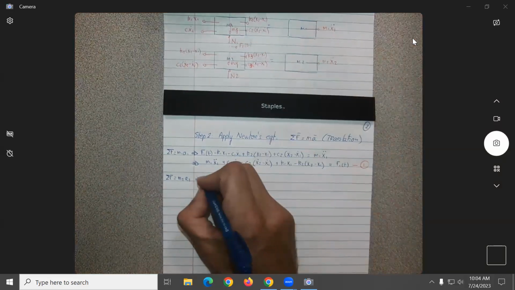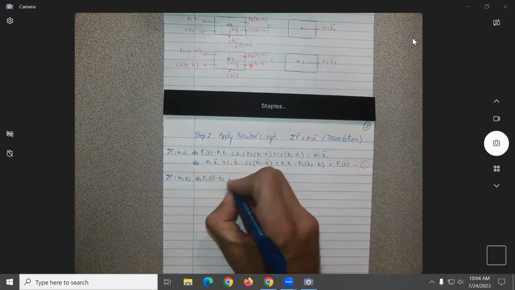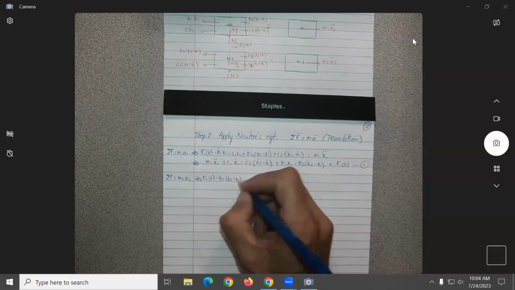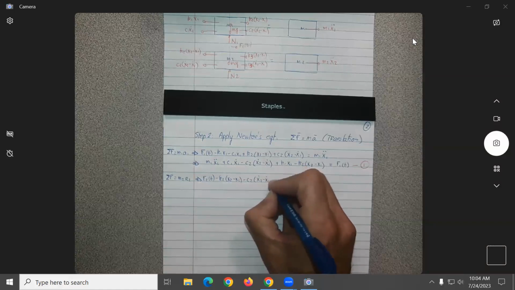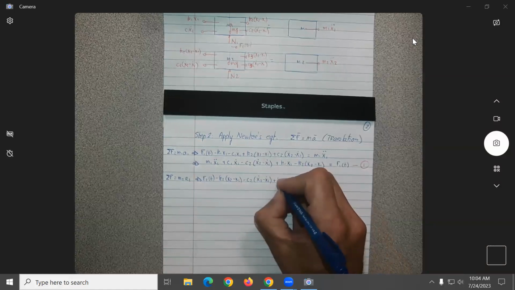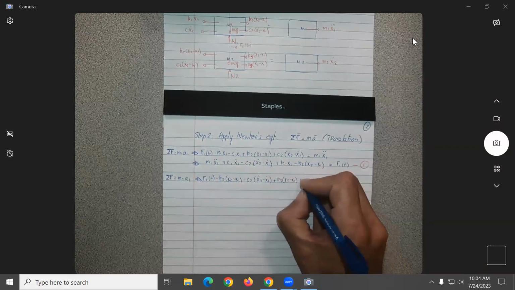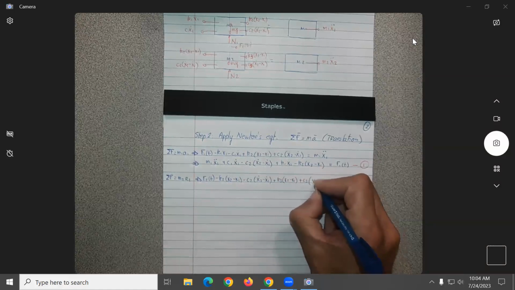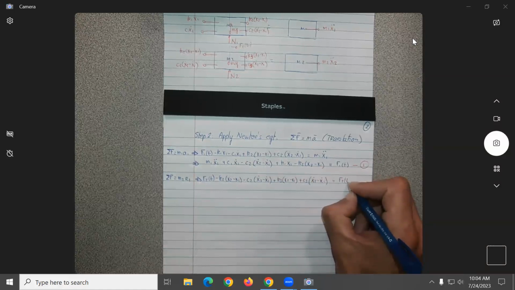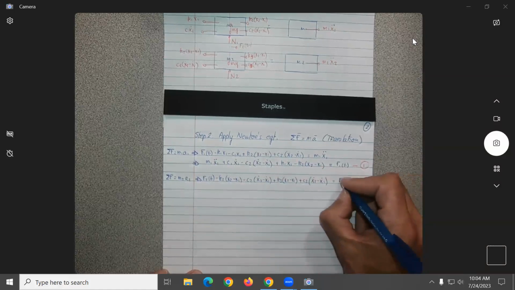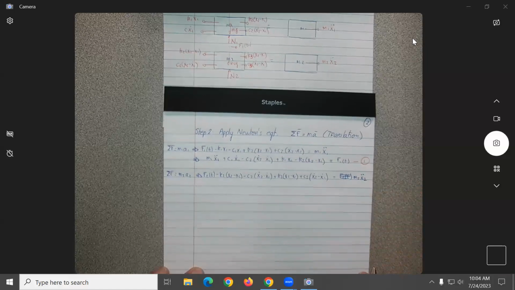So we have F2 of T minus K2 (X2 minus X1) minus C2 (X dot 2 minus X dot 1) plus K3 X2 plus C3 X dot 2 equal to M2 X double dot 2. Sorry, I was just copying what's above.